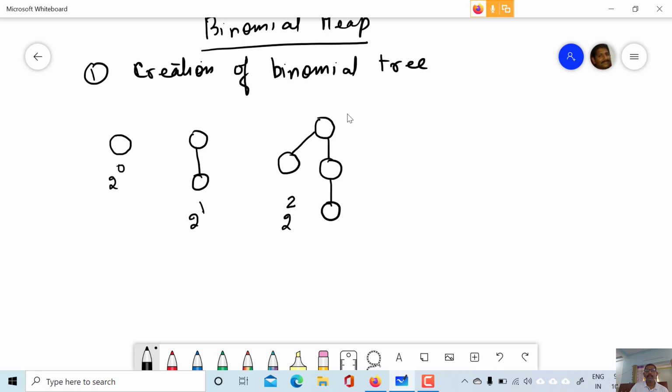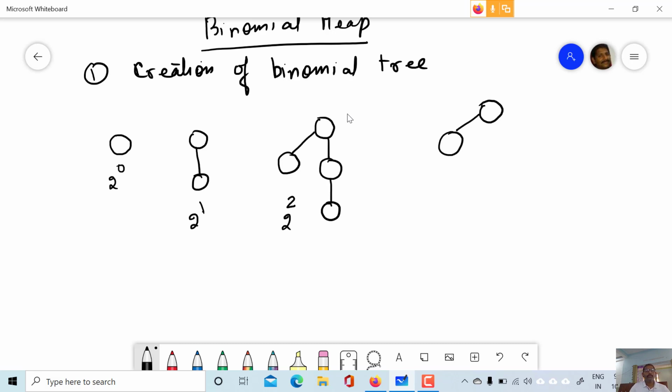Likewise, you can create another one. This is a new head or root node, and we have made all the previous trees the children of this newly generated head.